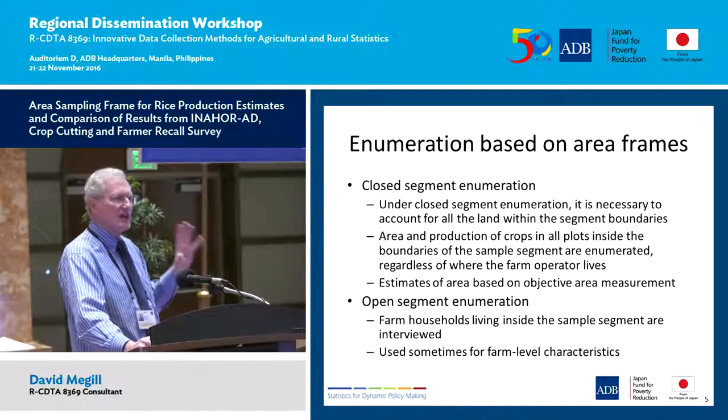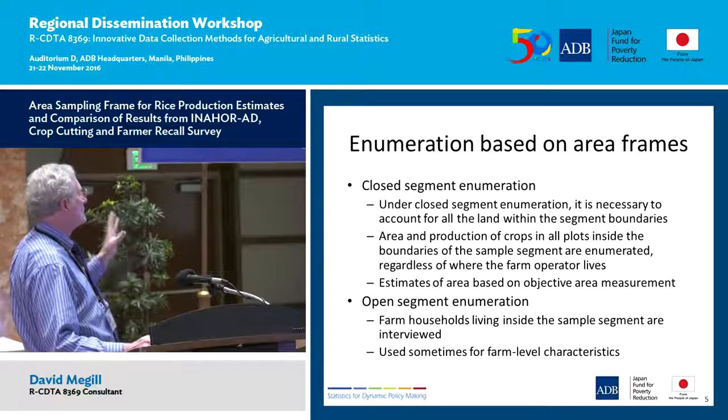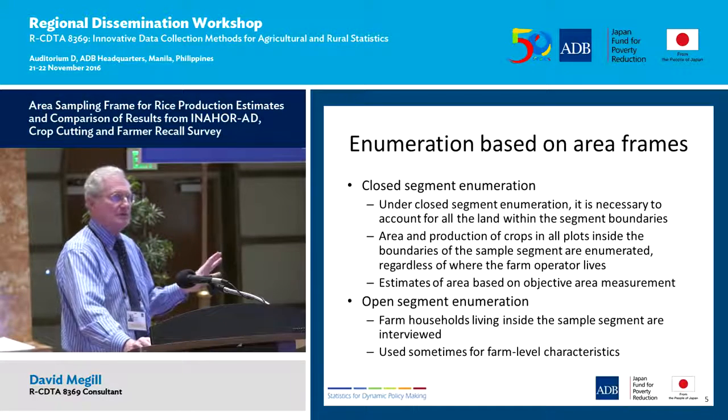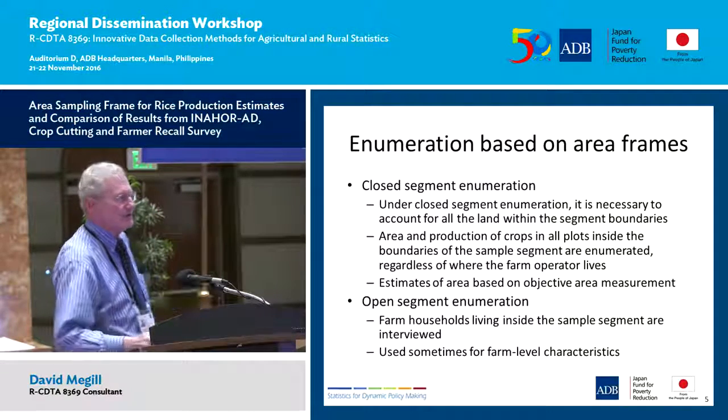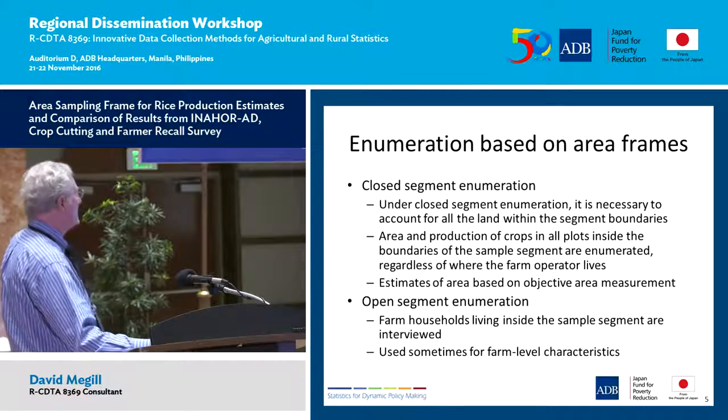But as general background, in terms of enumeration under area frames, there are two different approaches that are used for agricultural surveys based on area frames. The first approach is called closed segment enumeration.